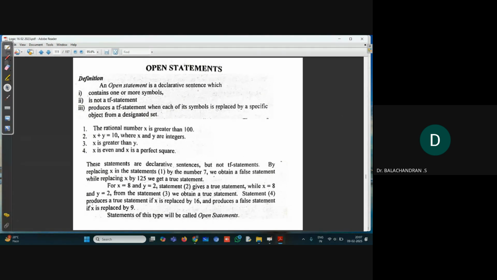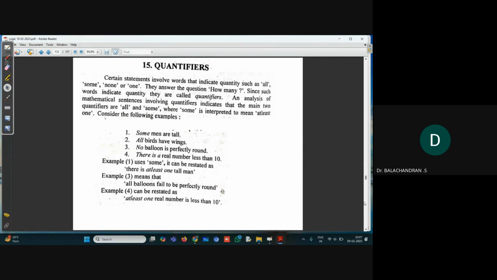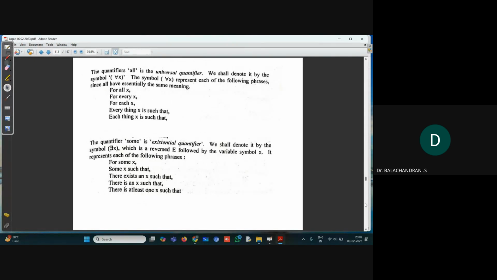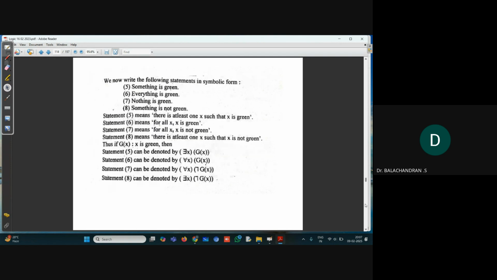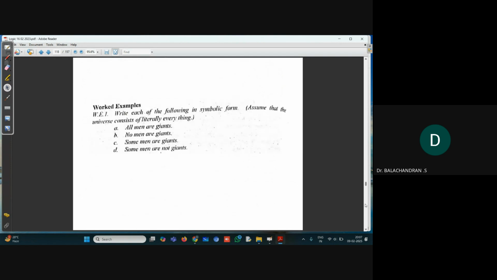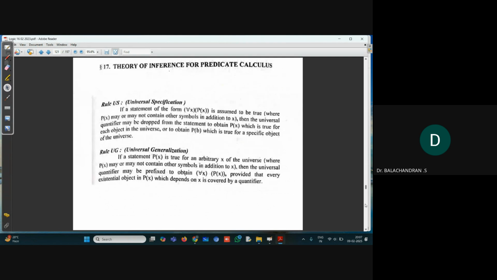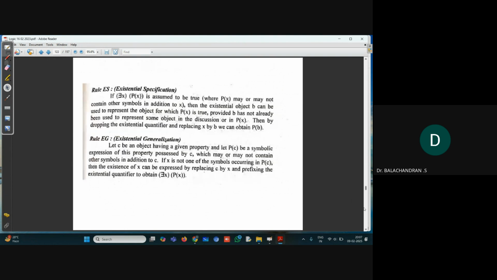You can see here. Then it starts from quantifiers, and then for all x, for every x, it goes like this. So the problems start from, I think, the next topic, theory of inference for predicate calculus. So these are the problems.